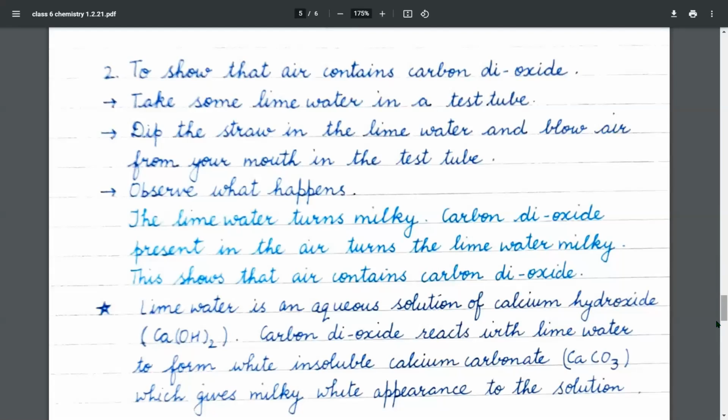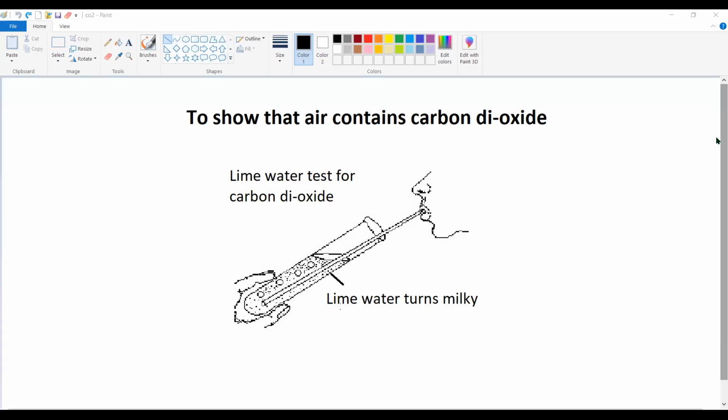Observe what happens. The lime water turns milky. Carbon dioxide present in the air turns the lime water milky. This shows that air contains carbon dioxide.